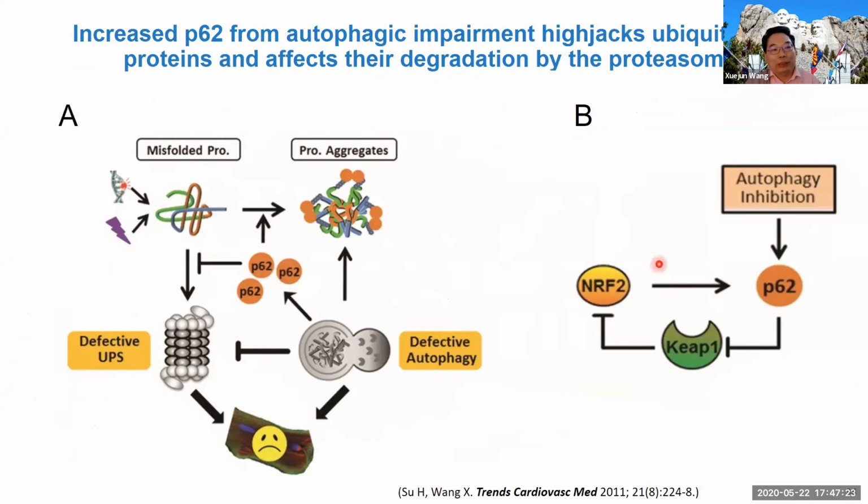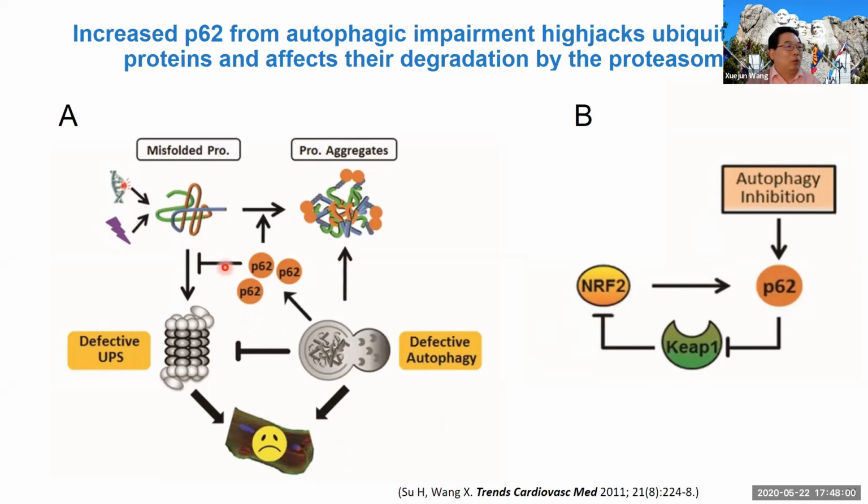Second, at the transcription level, P62 inhibits KEAP1, which is the ubiquitin ligase for NRF2. And NRF2, as you know, is a master transcription factor in the redox response against oxidative stress. So during autophagy inhibition, P62 and NRF2 form a feedforward loop as well, and through NRF2 the transcription will be increased.